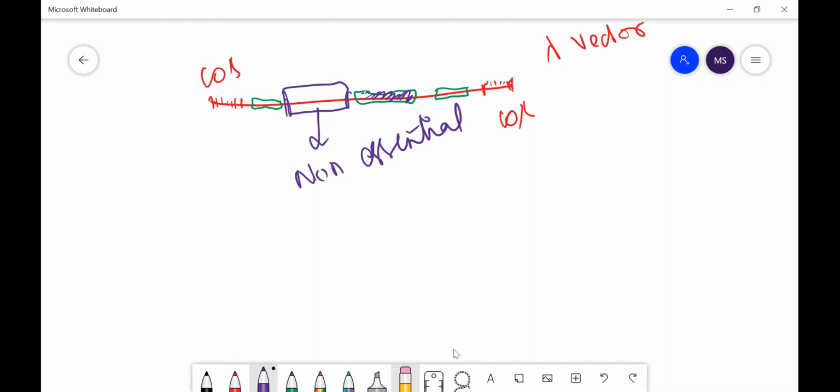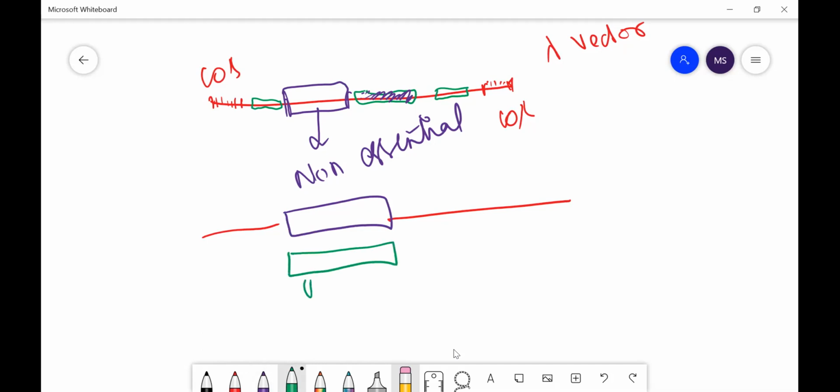So there is some region which is non-essential. What happened in the replacement lambda vector? This non-essential fragment is replaced by your DNA insert, or your gene of interest. So basically it gets replaced.